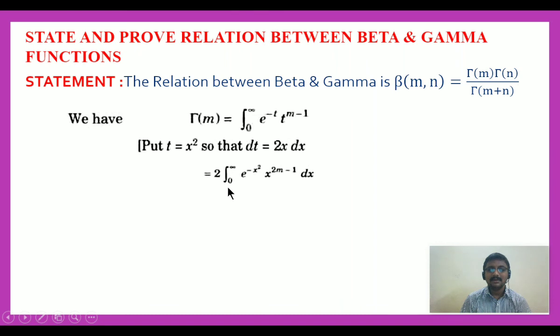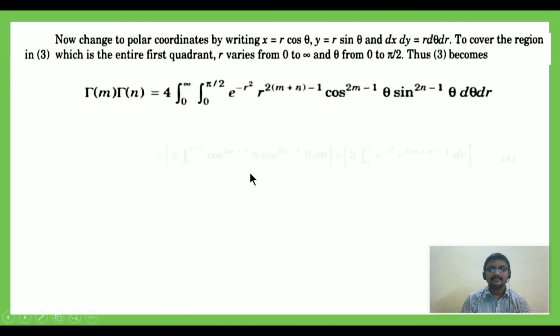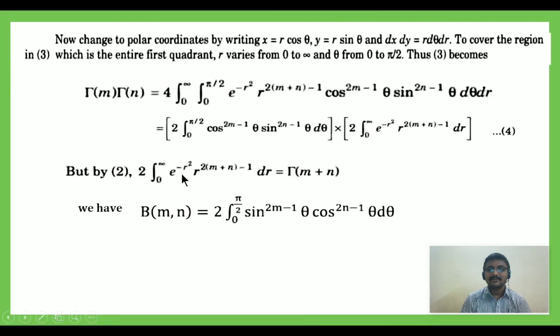So what is gamma of m here? 2 into integral 0 to infinity e power minus x square into x to the power of 2m minus 1 dx. In this, we just have to replace m with m plus n and x with r. So the value of e power minus r square, r power 2 into m plus n minus 1 dr is gamma of m plus n.